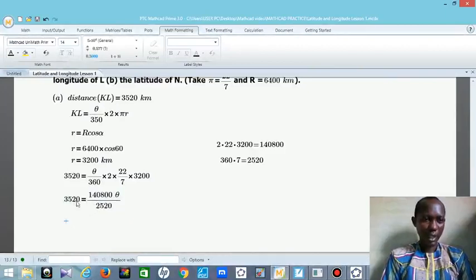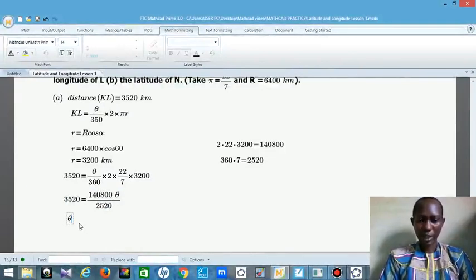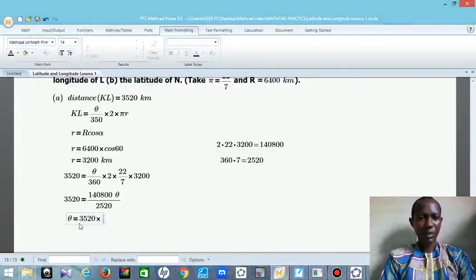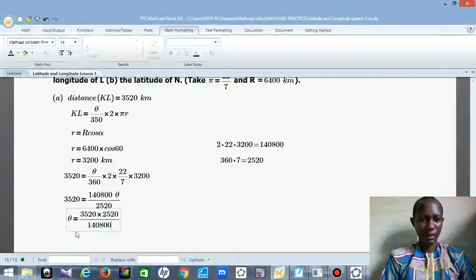If I cross multiply and divide by 140,800, I will get my theta. So without wasting time, theta will now be equals to 3,520 times 2,520 divided by 140,800.